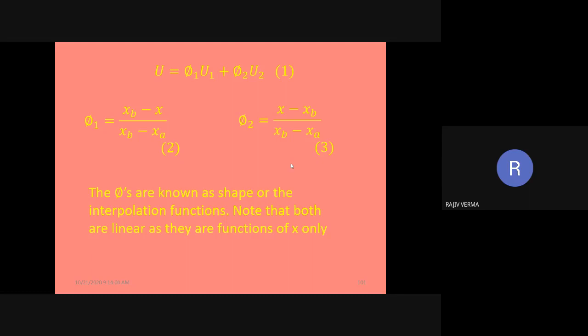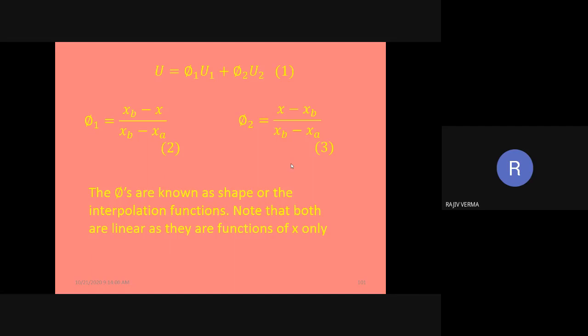Now coming to the next slide, we are going to discuss some properties of these shape functions. If these properties of shape functions are clear to you, then you can derive the shape functions of any element. That particular element may be one dimensional, it may be two dimensional, or it may be even three dimensional.